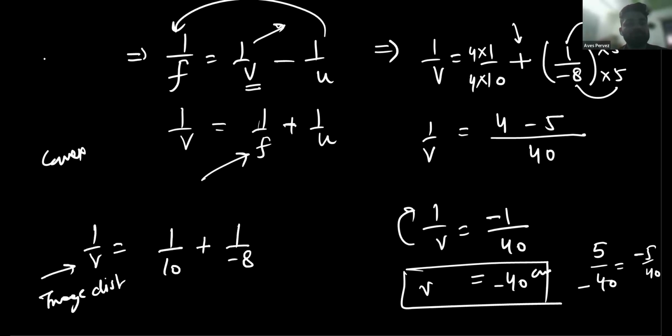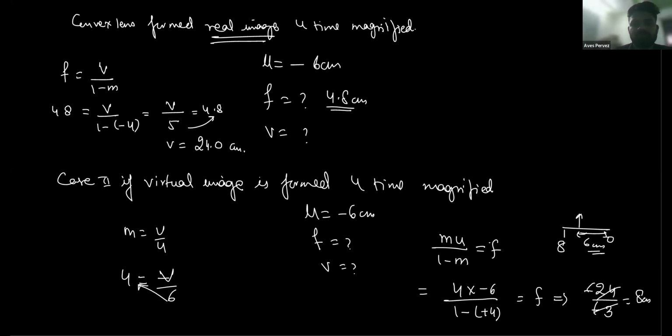So let's move further. A convex lens forms a real image 4 times magnified. This is a big question.